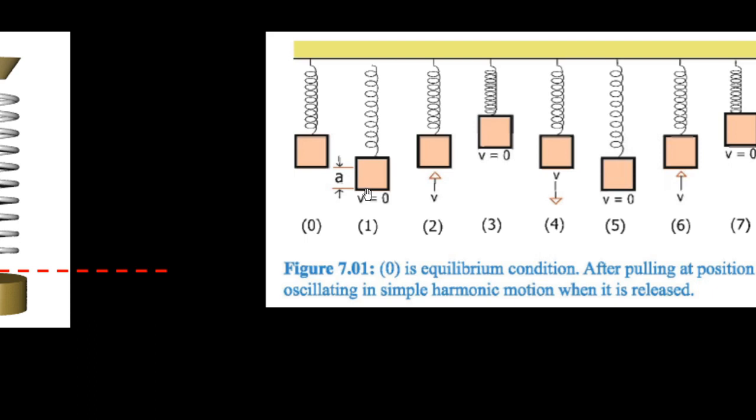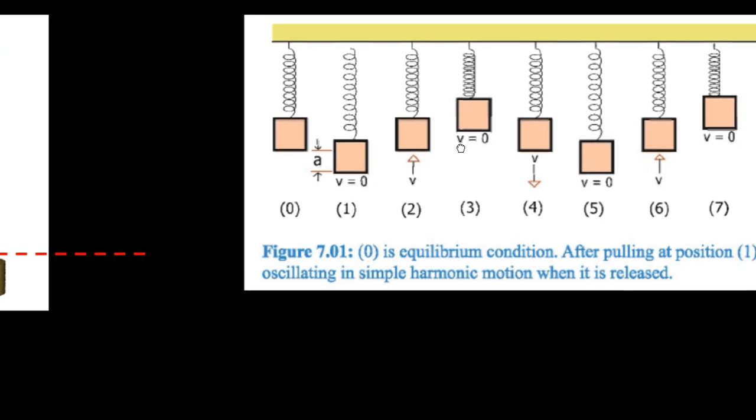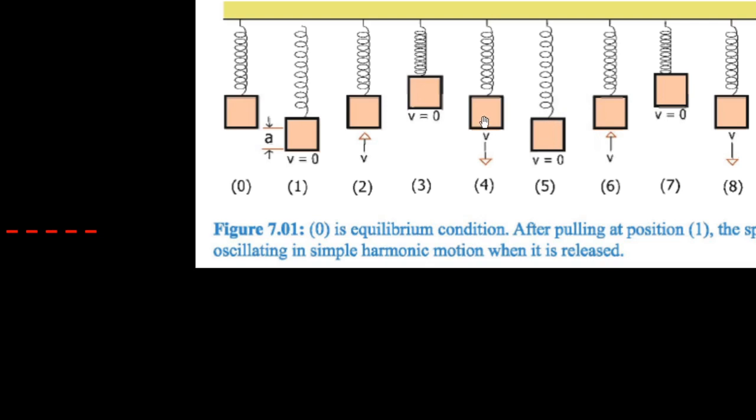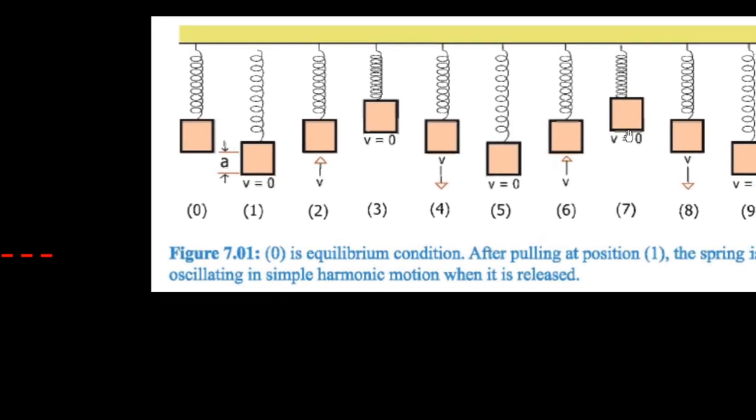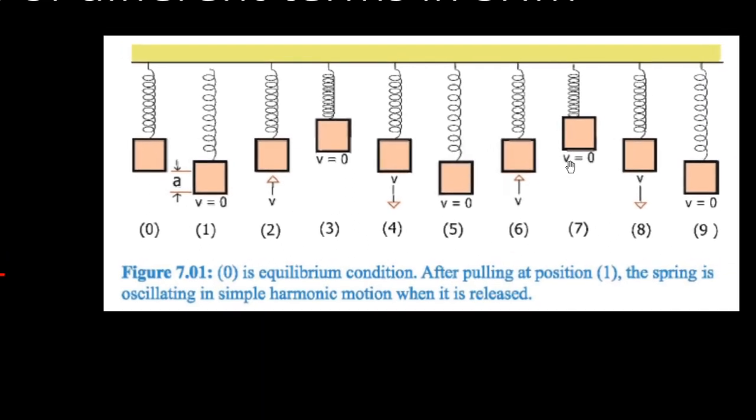It comes downward at position number 1, then moves upward to the upward extreme at figure number 3, then goes downward to the downward extreme at figure number 5, and then moves upward to the upward extreme at figure number 7, then moves downward to the downward extreme at figure number 9.